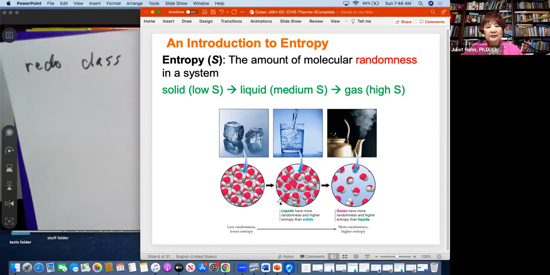You add a little bit of energy, a little heat, and now the molecules are moving around. There's more randomness because the molecules are moving around any old way they want. And when you heat it to the point that you get a gas, you have even more disorder because the molecules are now randomly moving around any old way they want, much more than they were in the solid. So this is all an increase in the amount of entropy or randomness.